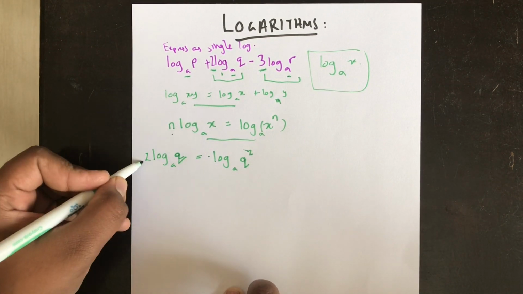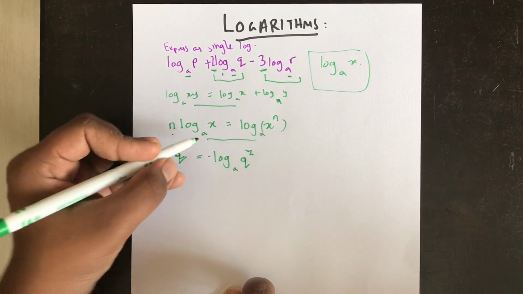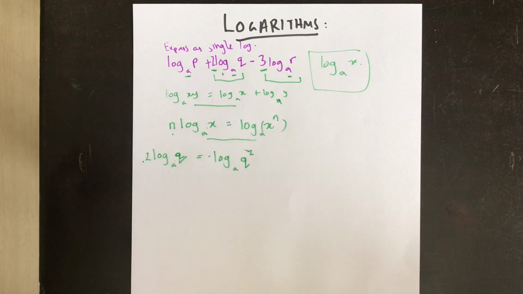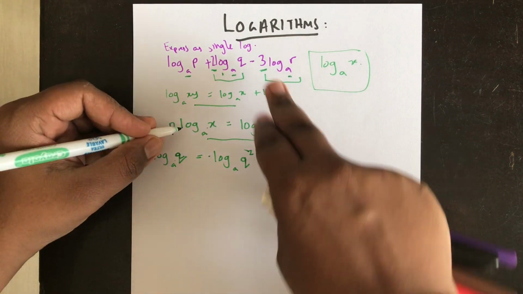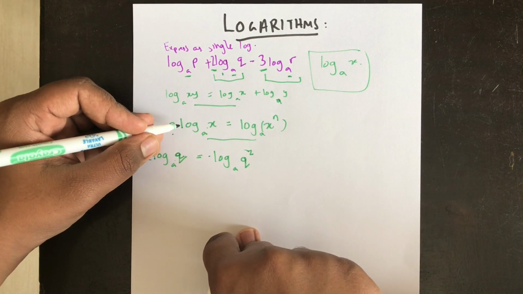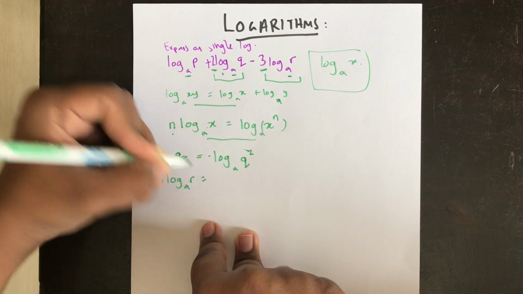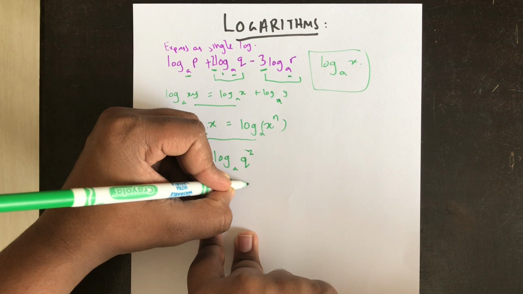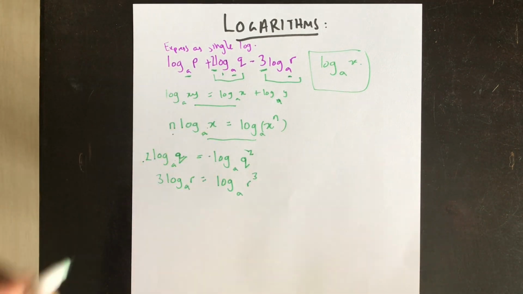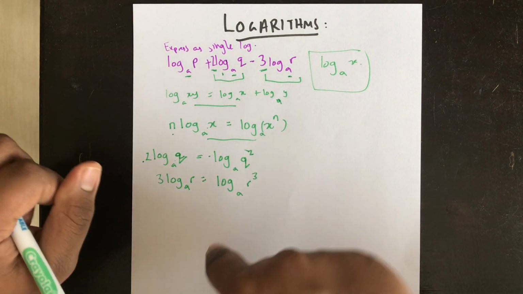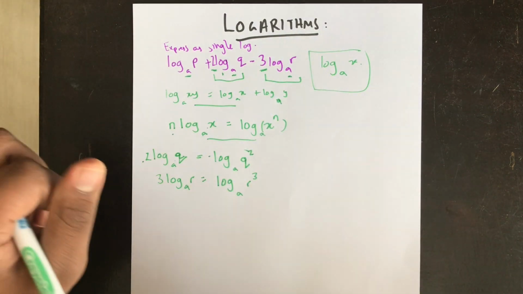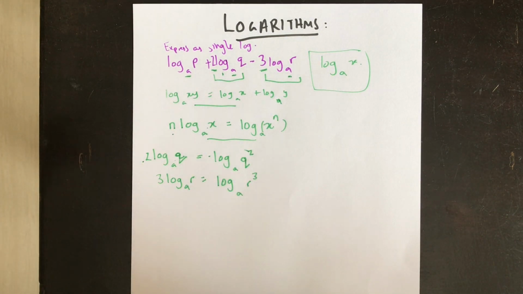So my n is 2, my a is a, and my x is q. I'll do the same thing with the 3 log r base a. This is the same as log r cubed base a. I'm not accounting for the negative sign right now because we'll be using that as we go on.